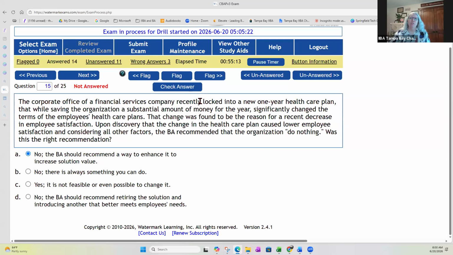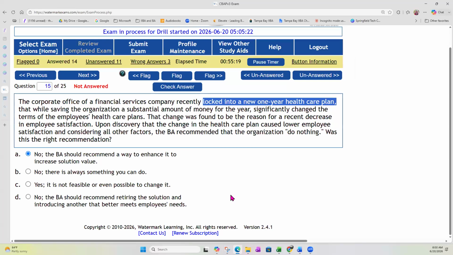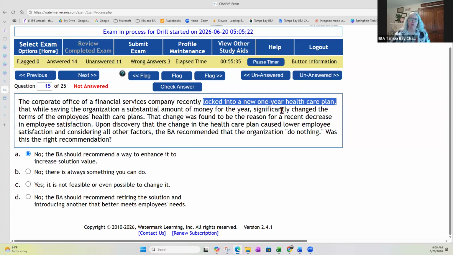I want to draw your attention to this phrase right here. New 1 year. So to answer this question, you've got to understand that to get into a healthcare plan, there's contractual obligations. We've signed documents.